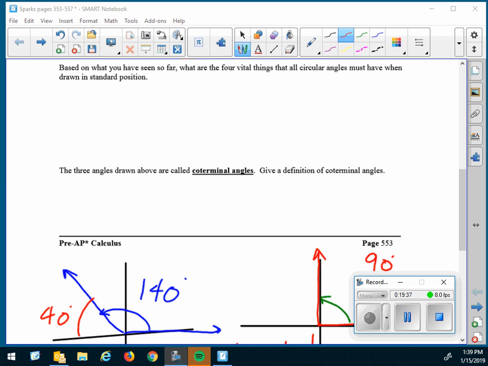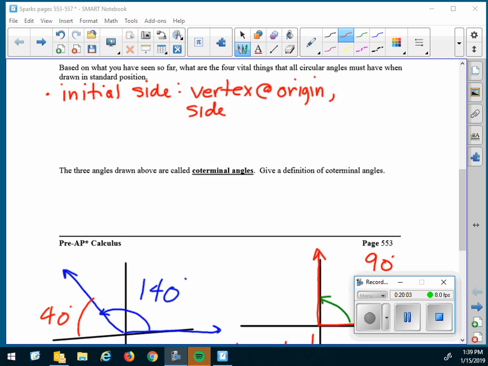Here we go. Now, based on what you have seen so far, what are the 4 vital things that all circular angles must have when drawn in standard position? You must have an initial side, vertex at the origin.